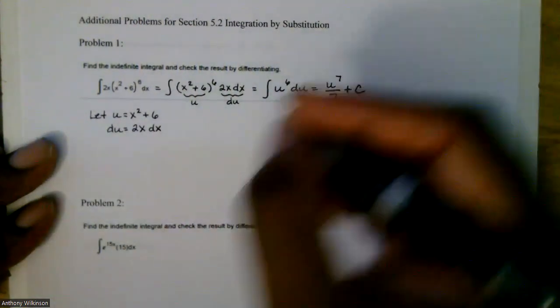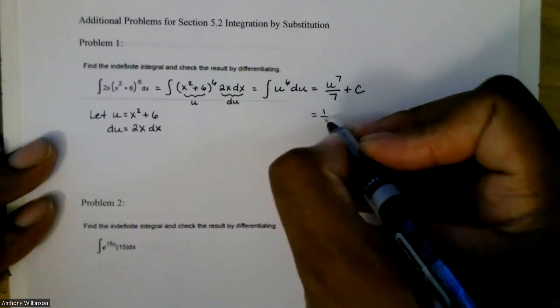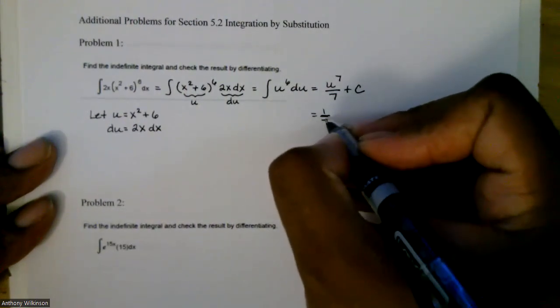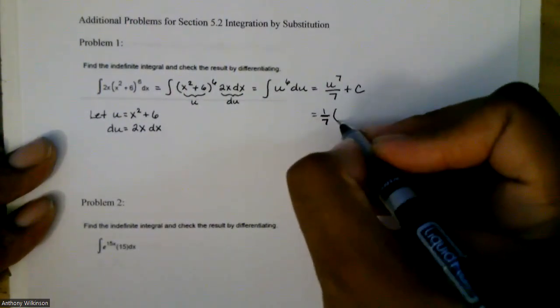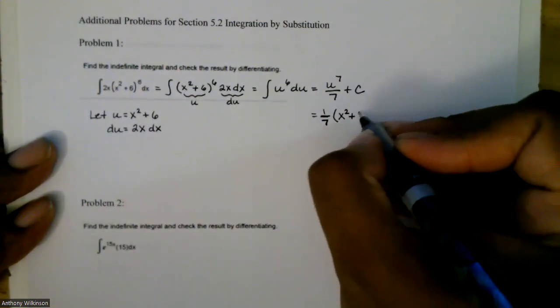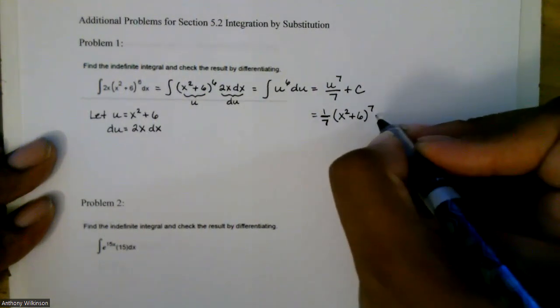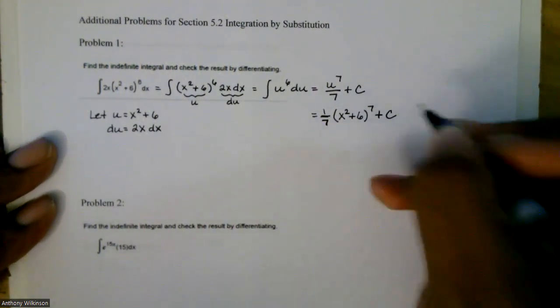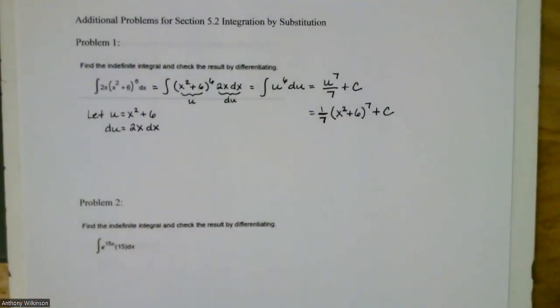And of course, I'll write this as 1/7 times, and I'll do the back substitution, that u was x squared plus 6, so it'll be 1/7 times x squared plus 6, and that quantity will be to the 7th power. And of course, since it's an indefinite integral, you must include the plus c. So my final answer there will be 1/7 times x squared plus 6, that quantity to the 7th power, plus c.